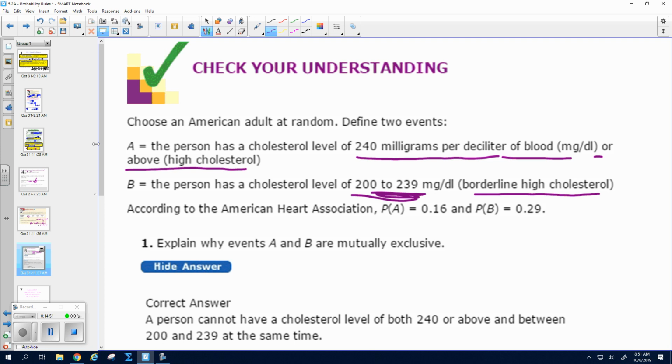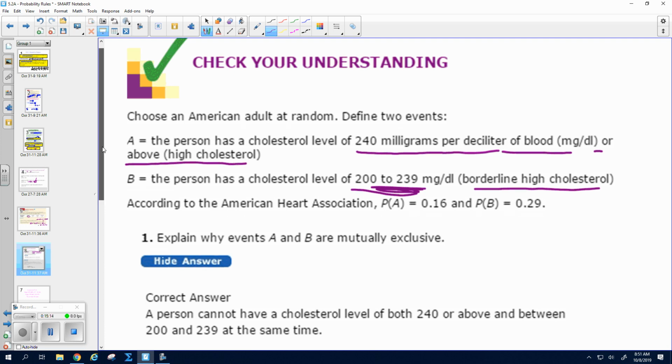But yeah, that's what you're going to do, right? You're just going to add 16 and 29%, right? But in plain English, it means the person either has above high cholesterol, right? They're in that high cholesterol group, or the borderline high cholesterol group, right? They're either above 240 or they're between 200 and 239.